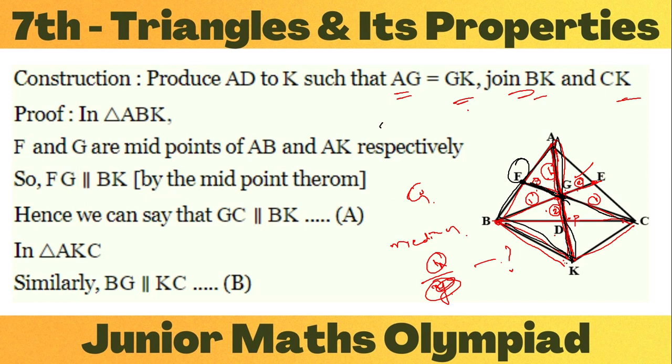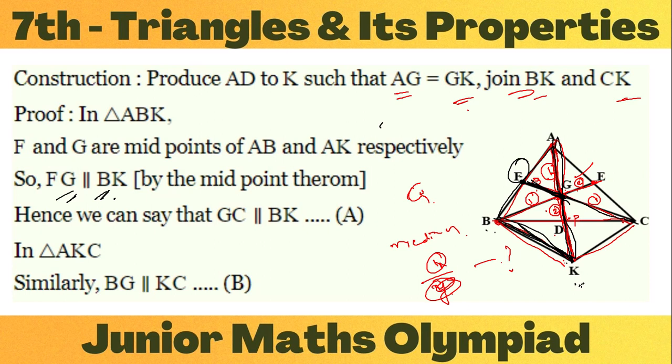This FG is the line joining the midpoints and BK is the opposite side. So as per midpoint theorem, this FG is parallel to BK, and FG equal to half of BK.